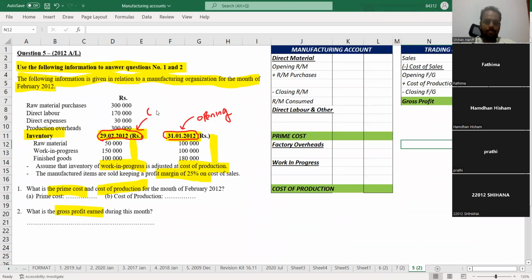Always check the dates. 31st January means 1st of February. So February beginning, February end. Opening and closing. Right. Find out the answer.